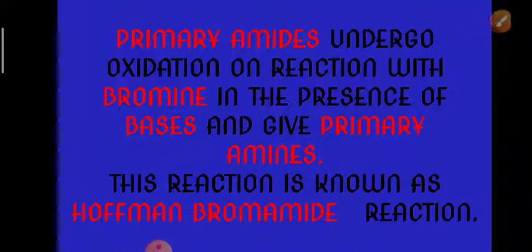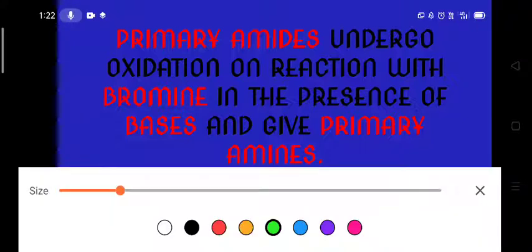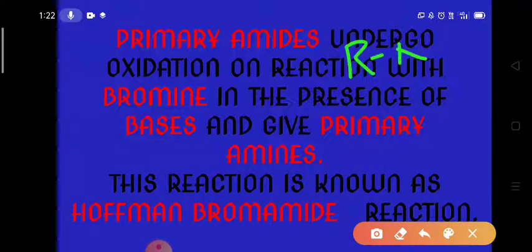The alkyl or aryl derivatives of ammonia are called the amines, and we can write the general formula of the amines as RNH2.